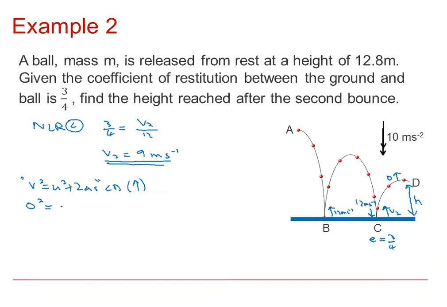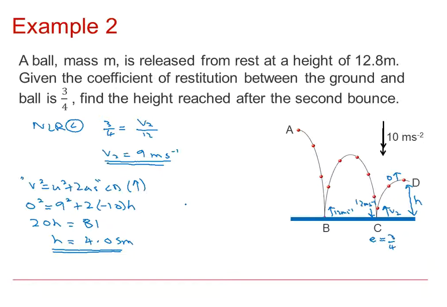The initial velocity is v2, which we've just found, is 9 squared, plus twice the upward acceleration, be careful here, is -10, and the displacement is h. So we get 20h equals 9 squared, which is 81. h is 4.05 meters. There's the rebound height after the second bounce.